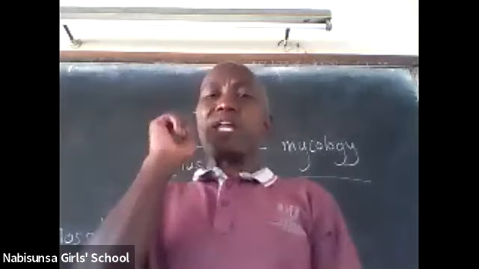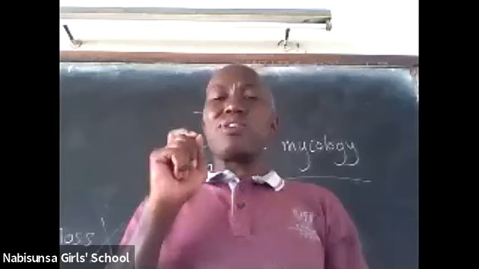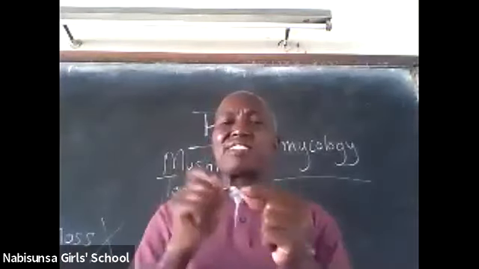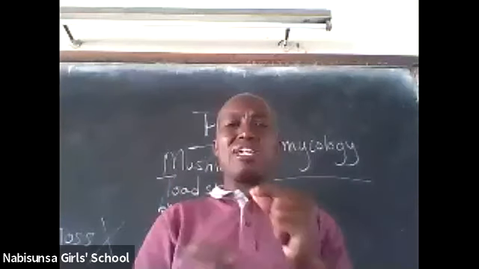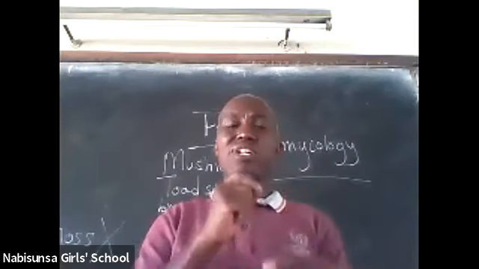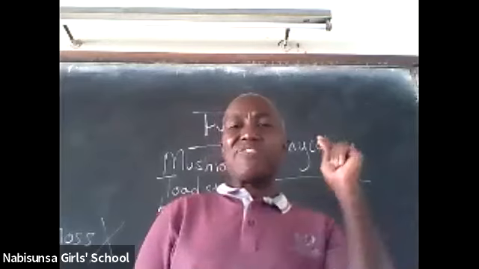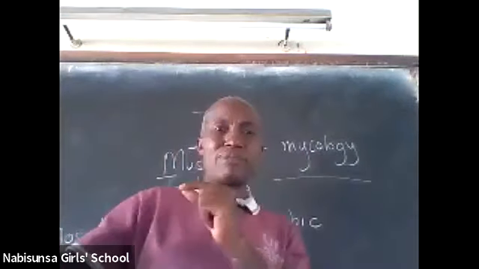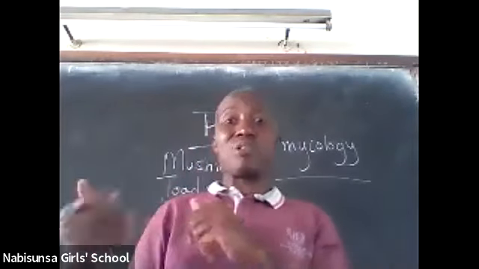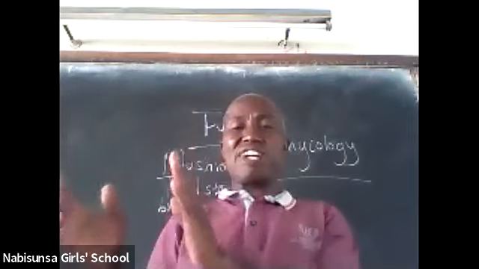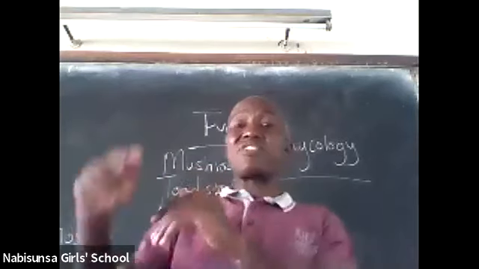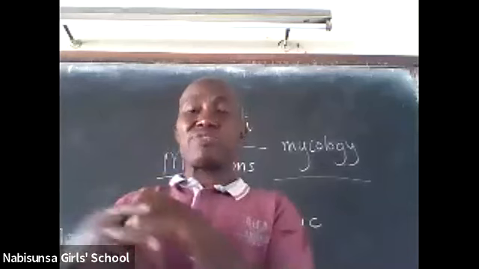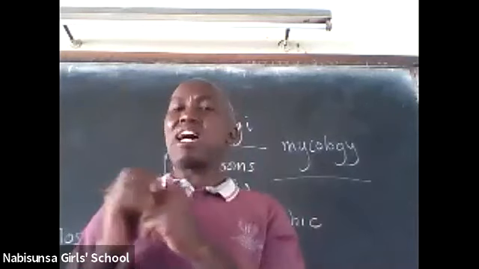Now, whereas all these organisms feed on already manufactured food, they are heterotrophic. The exact feeding mechanism may vary from one fungus to another. Some fungi obtain food from other organisms. The other organisms are called the hosts. If you have a fungus and it is obtaining food from another organism, the organism that provides food is called the host.